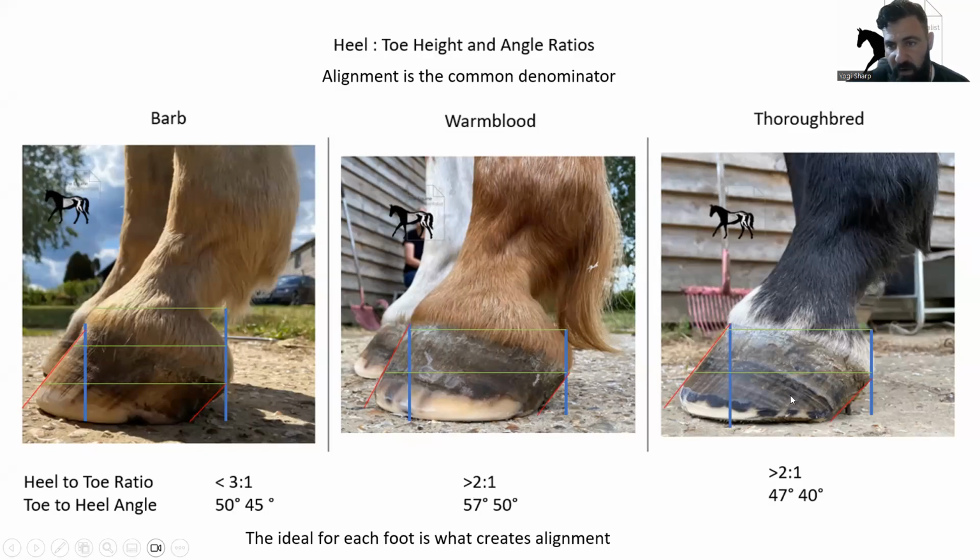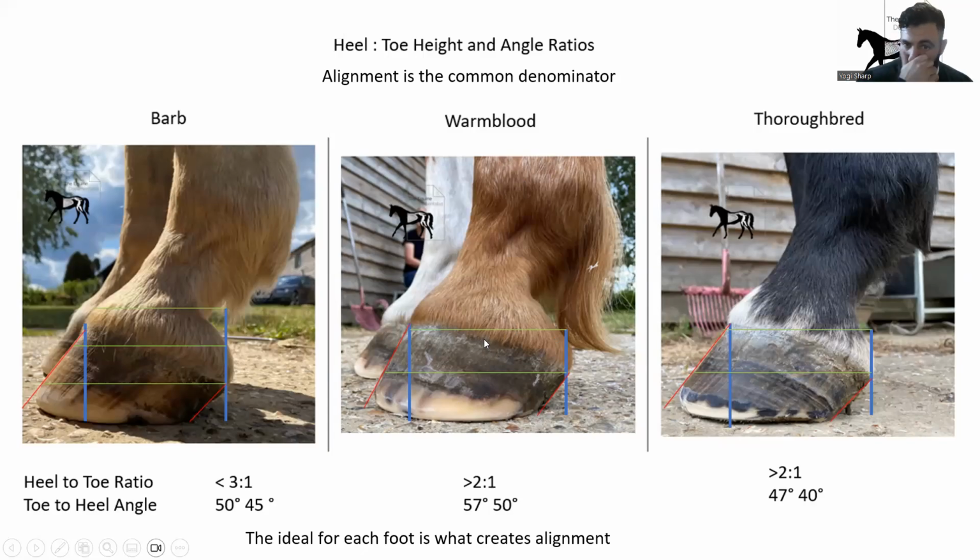And this thoroughbred is similar. He's got a 7-degree difference in heel to toe angle. So again, heel to toe angle measurement is not something that has to be an exact amount. It doesn't have to be within 5 degrees. I think that I've seen some horses up to 10 degrees difference that can still maintain a straight hoof pastern axis and the heel to toe height ratios.